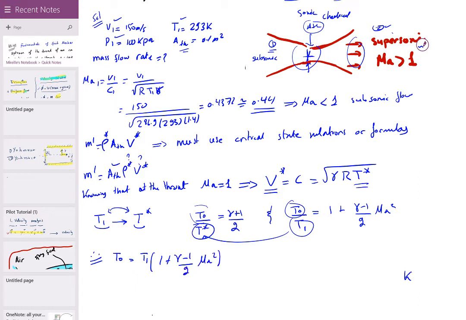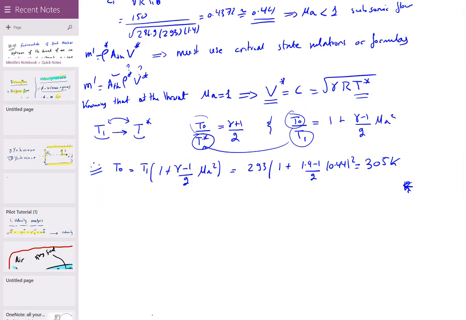Mach number squared. That is 293 times 1 plus 1.4 minus 1 over 2 times Mach number 0.44 squared. So that gives me an approximate answer of 305 Kelvin. So I have T naught, I can easily find T critical.